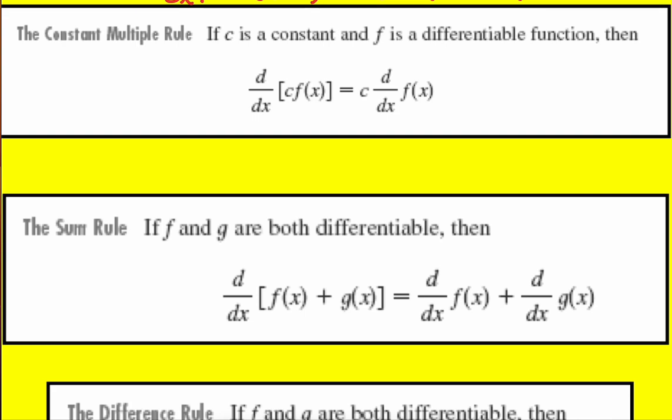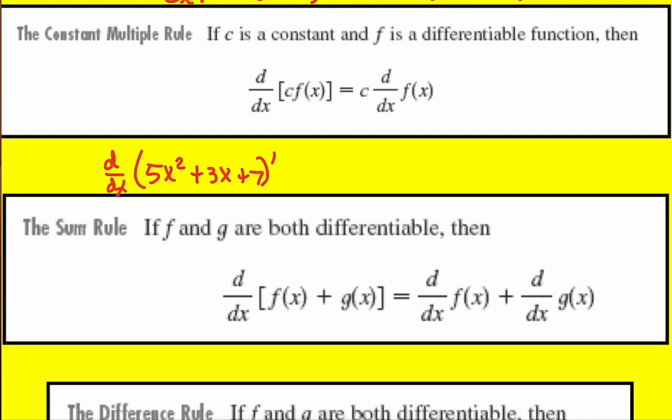Okay, so let's say that we are trying to derive 5x squared plus 3x plus 7. We now know the rules to do it very, very quickly. So a polynomial like that, each individual term is a power function that may or may not have a constant on it.